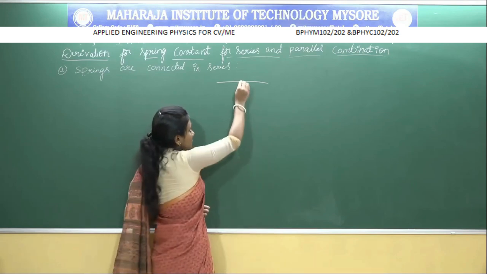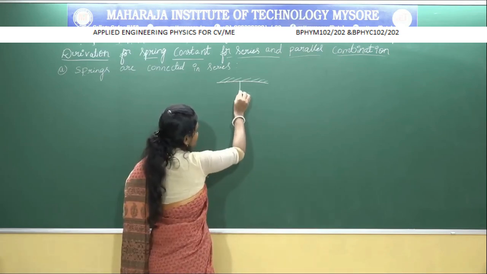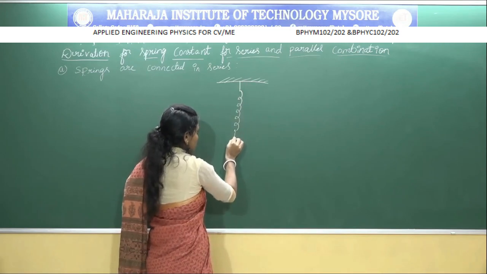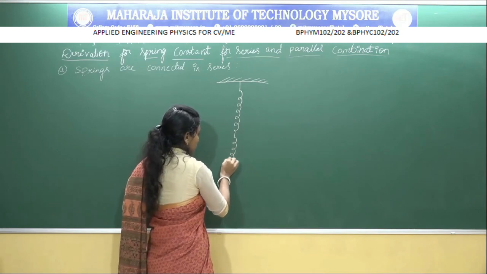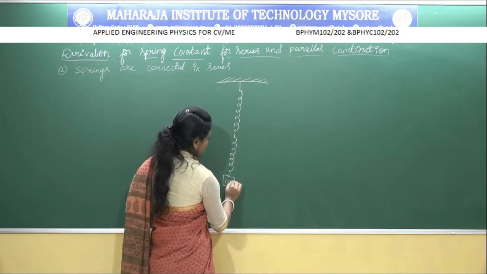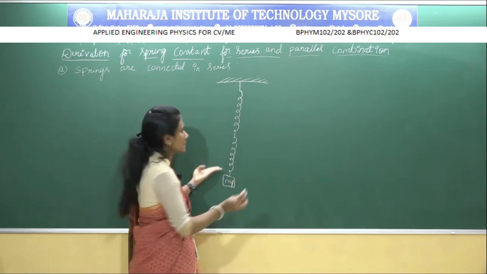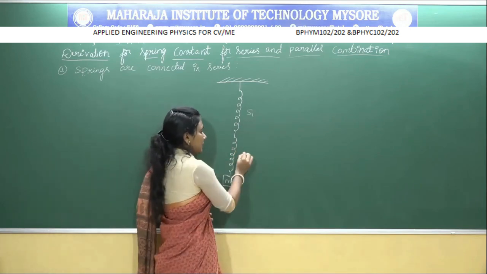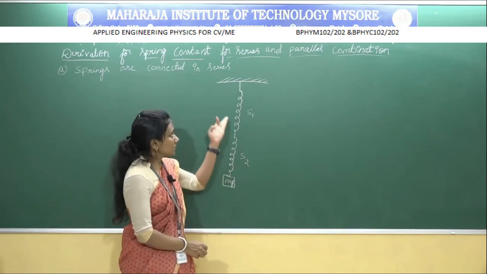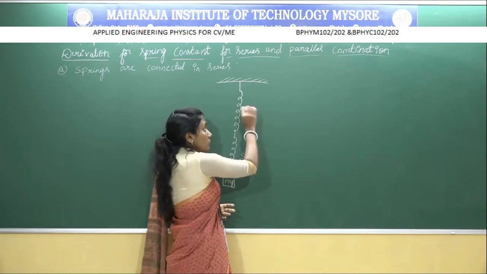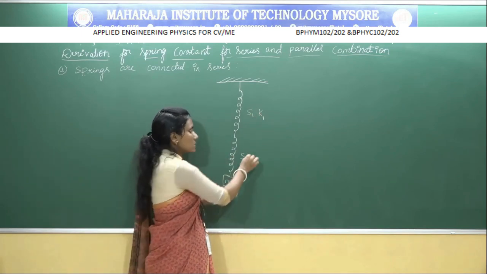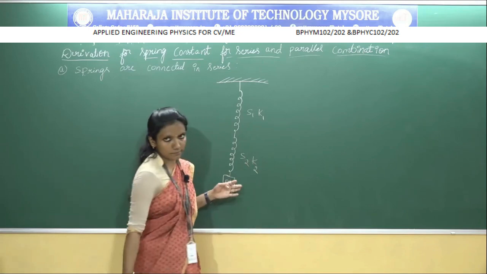Let us consider two springs, S1 and S2, connected end to end. The spring constant of the first spring is K1 and of the second spring is K2 respectively.